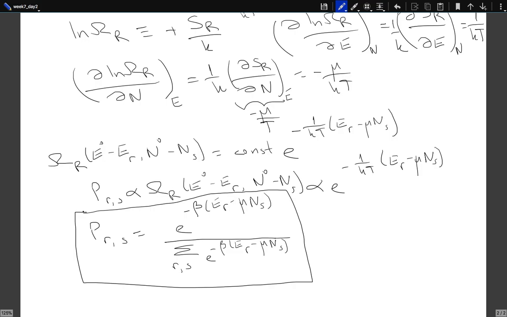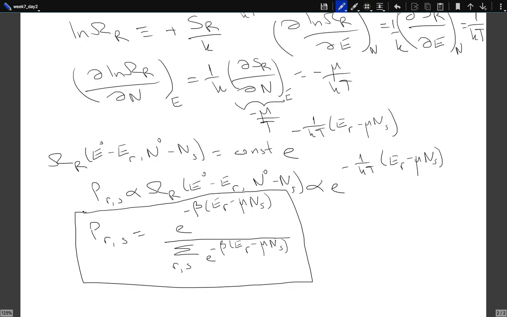So I repeat, this is the probability for my system that is in contact, in equilibrium with a heat and particle reservoir. The probability that it will be in a particular microstate, in one of the possible microstates, that has an energy ER and the number of particles NS.